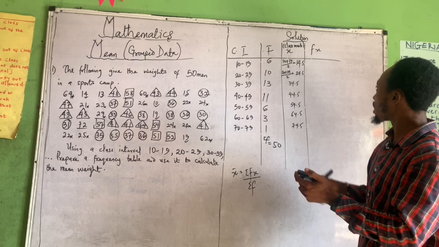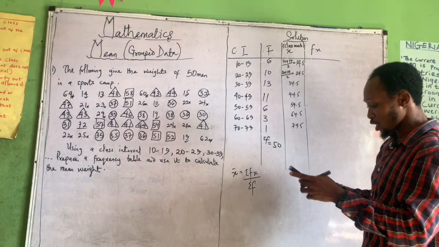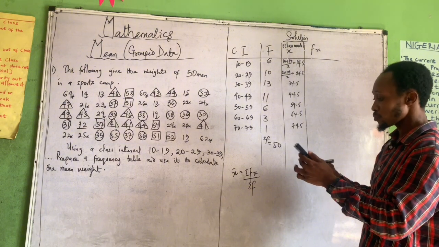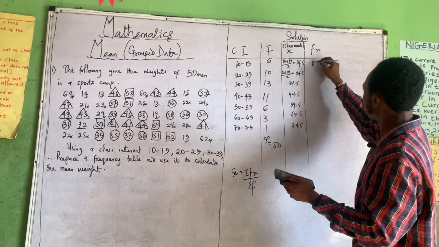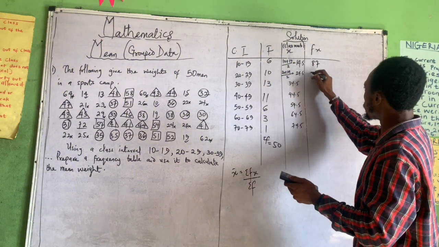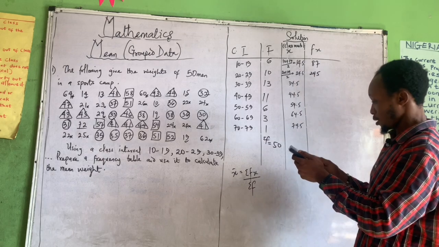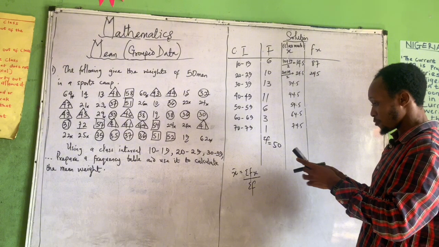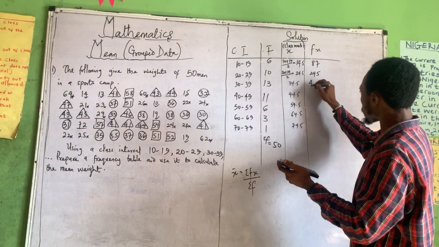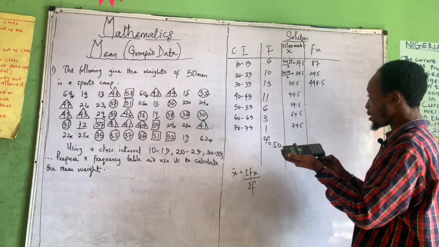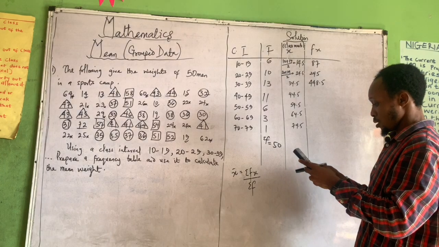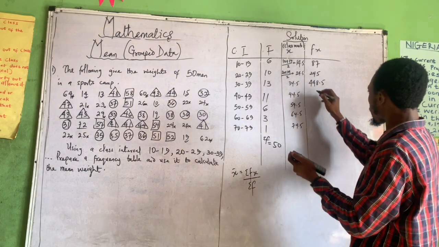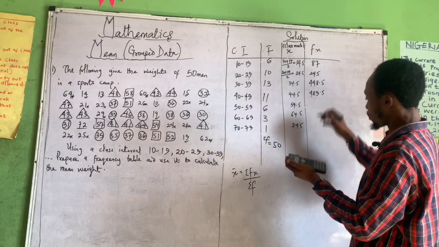So the next one is fx. That's the multiplication of these two. So we have 6 times 14.5, so we have 87. This 10 times this will be 245. Then 13 times 34.5, that will be 448.5. 11 times 44.5, that will be 489.5.